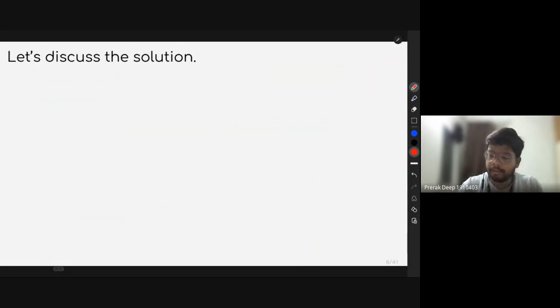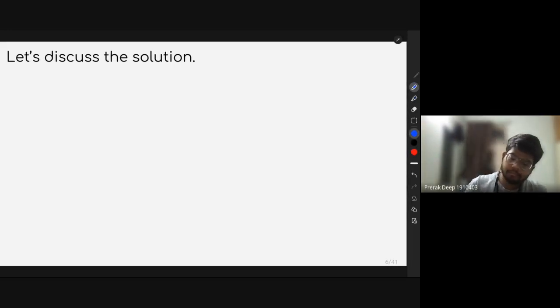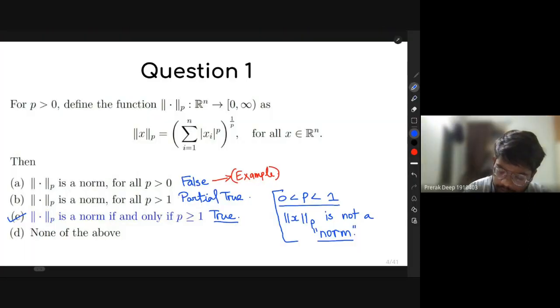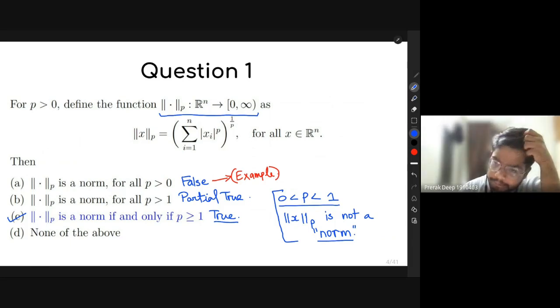So first of all, we have defined a function which is like this. So it means that this function is already finite.